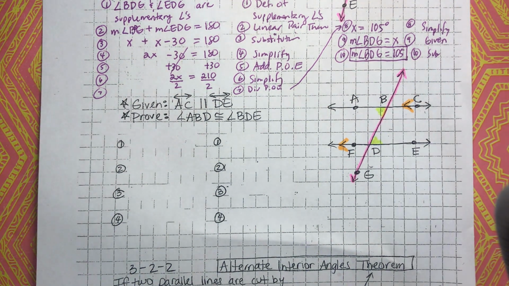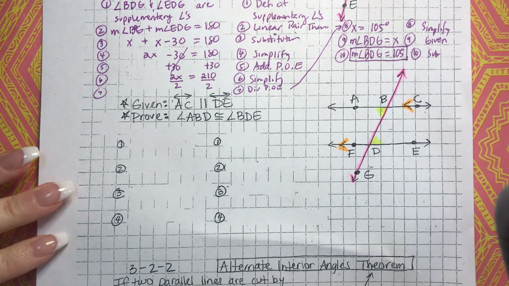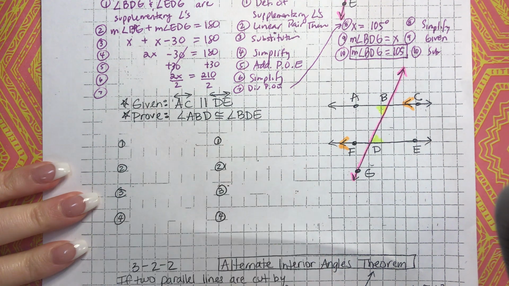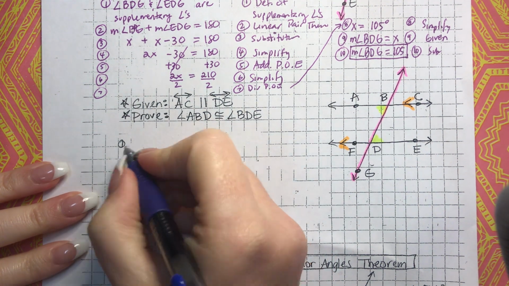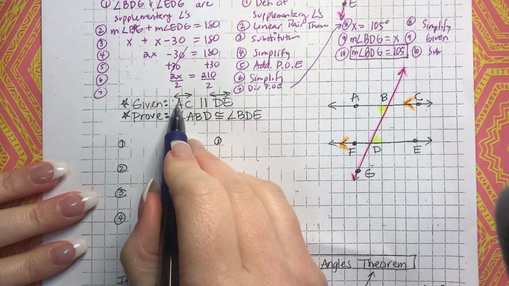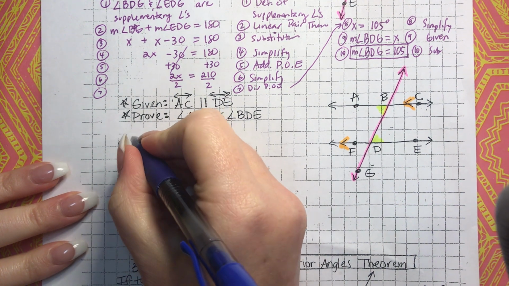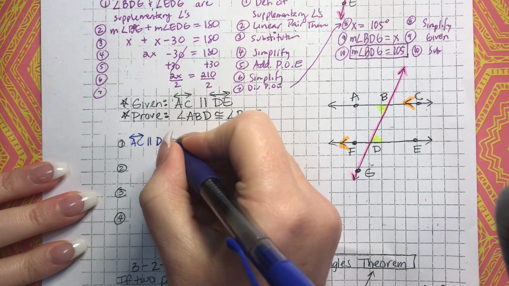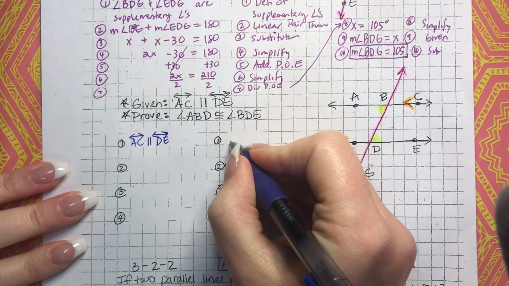All right, great. So I think what I want to do first is just write down this given information, right? Line AC is parallel to DE. Okay, that is given.